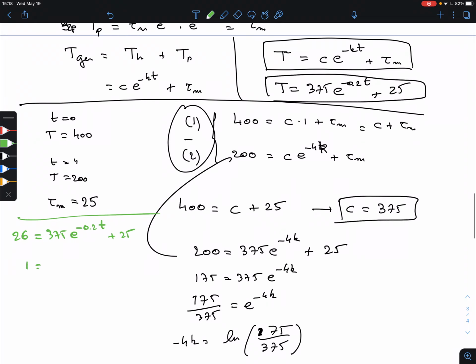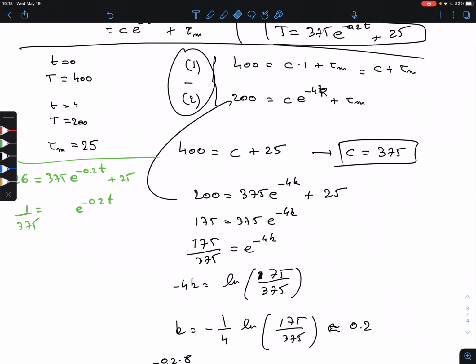So 1 is equal to 375 e to the minus 0.2t. Let's bring the 375 to the other side. Now if I take ln of both sides, the ln of 1 over 375 is equal to minus 0.2t.